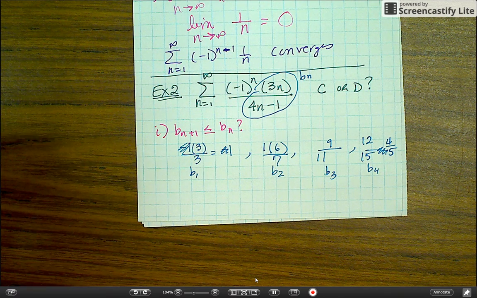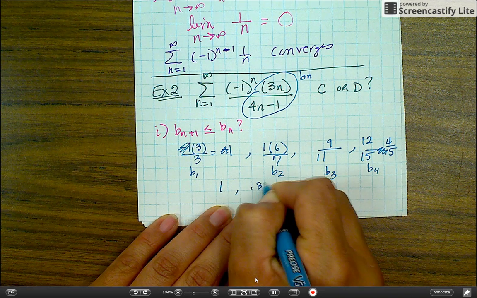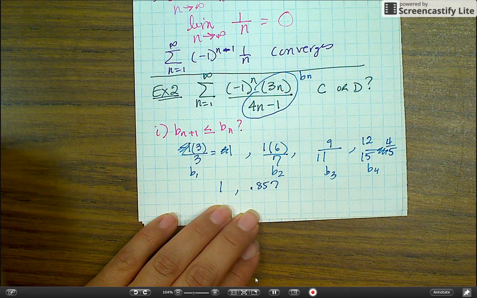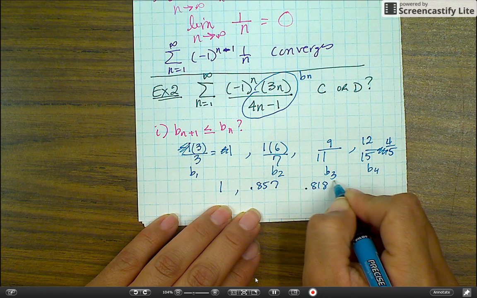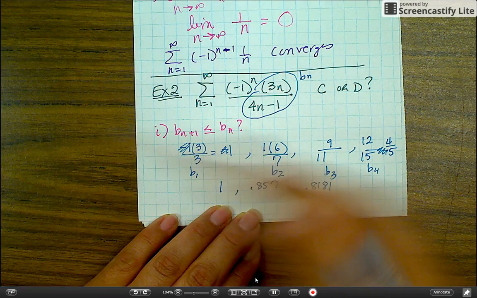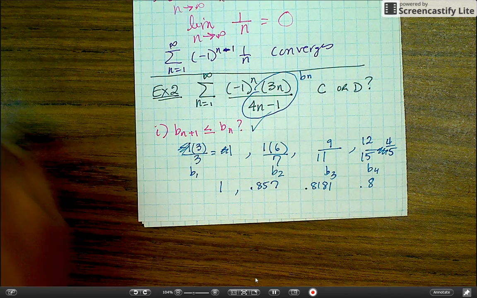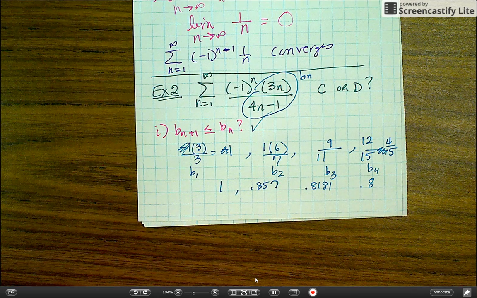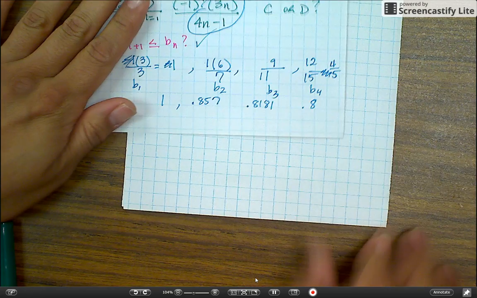Give me a second. 6 divided by 7 is 0.857, 9 divided by 11 is going to give 0.818, and this one's obviously 0.8. So far, it's looking like it's getting smaller. So I think I've satisfied this condition. I might need to do a few more, but for the most part I've satisfied that condition.